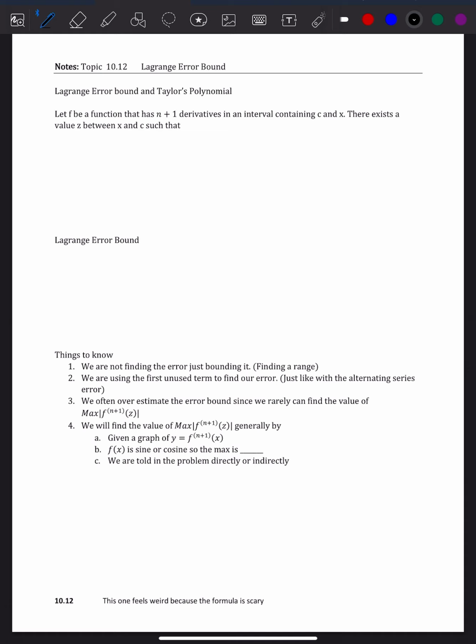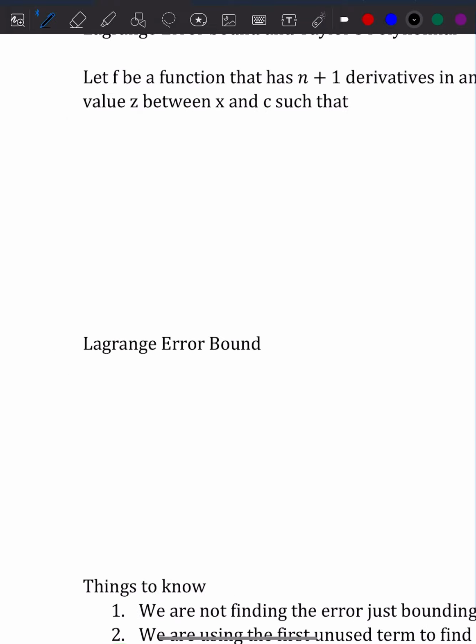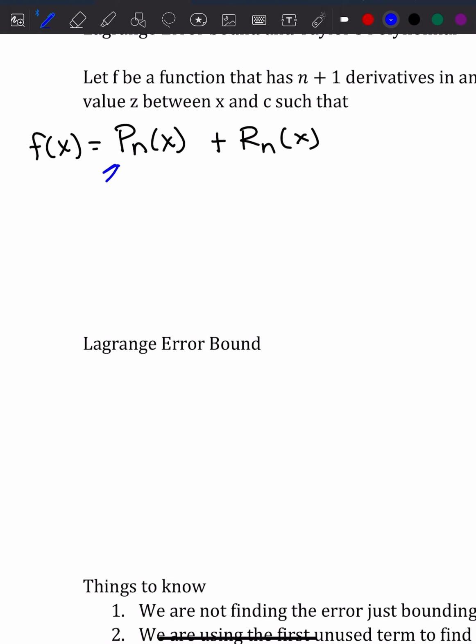There exists a value z between x and c such that two things are true. The first thing being our function f of x is equal to Pn of x plus Rn of x. So Pn of x is what we talked about last time with Taylor polynomials. So this is a Taylor polynomial.